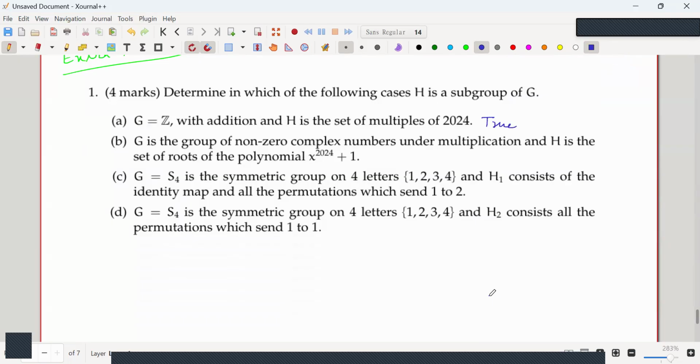Now, G is the group of non-zero complex numbers under multiplication, and H is the set of roots of this polynomial. What about this? Is it true or false?